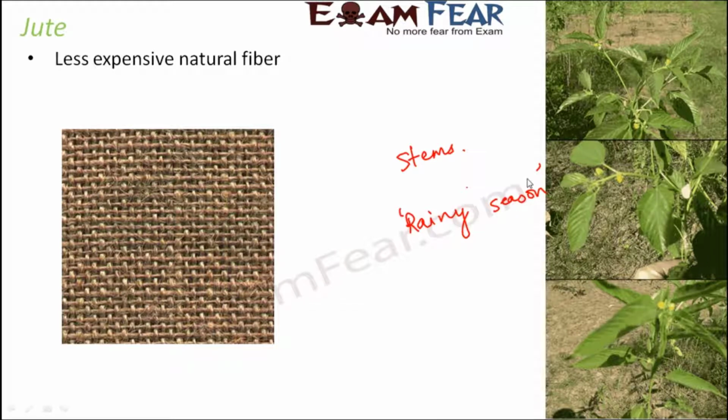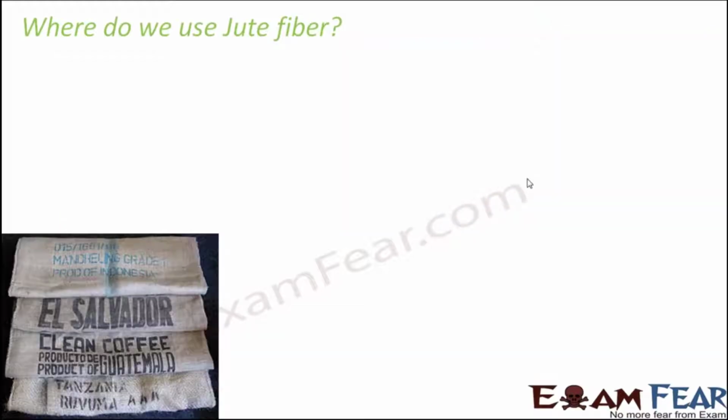It is very commonly grown in areas like West Bengal, Bihar and Assam in India, because they have plenty of rains. Where do we use jute fibers? It has a huge variety of applications. It is used in making the sacks, which are used for storing coffee or tea.